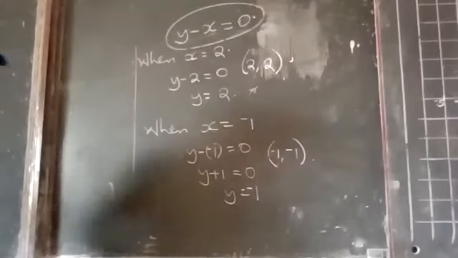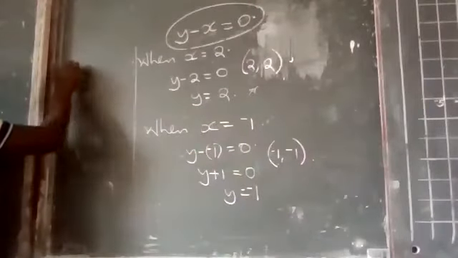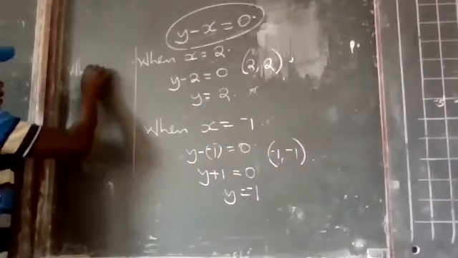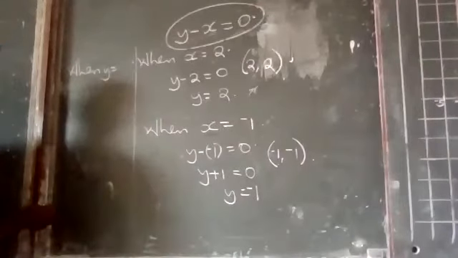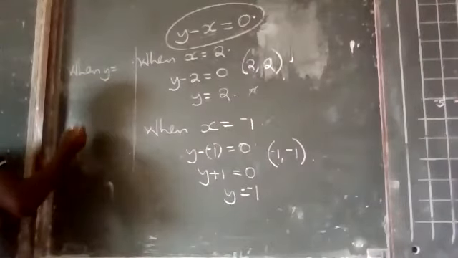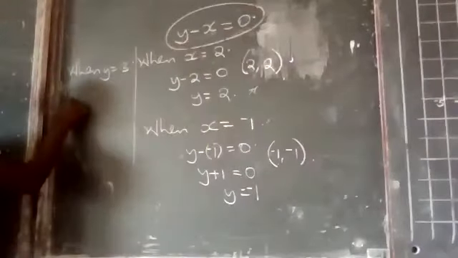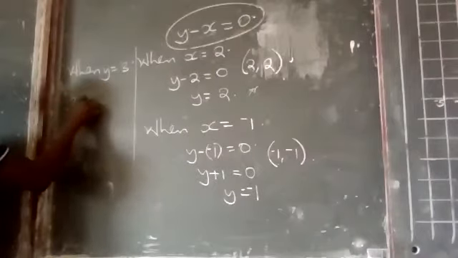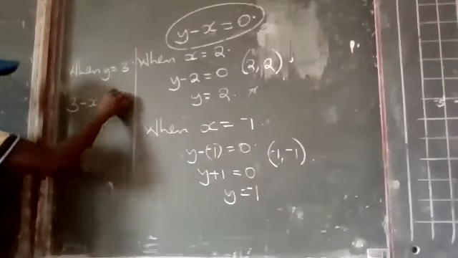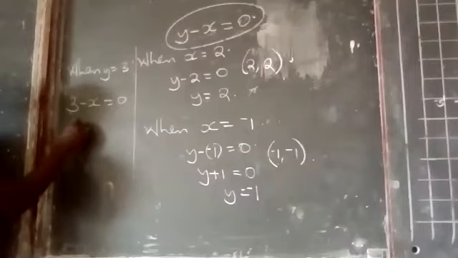Look here. I'm checking the third one. I'm saying when y is equal to, Mr. Sally, which value can we use? When y is equal to 3. When y is 3, I come to this equation and say 3 minus x is equal to 0.